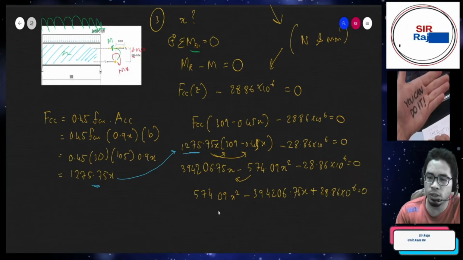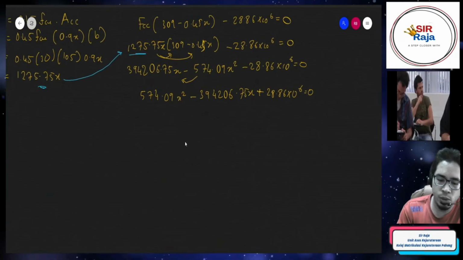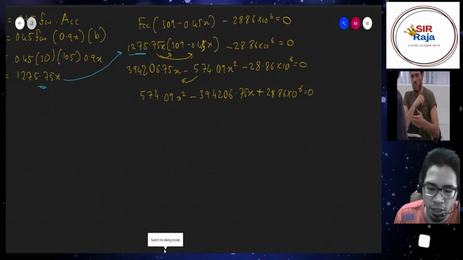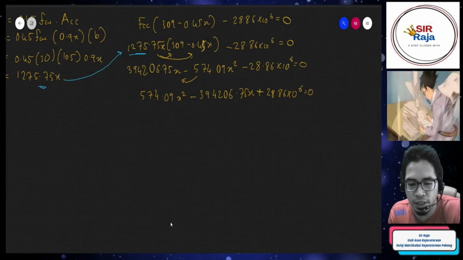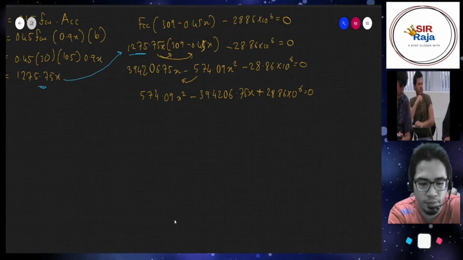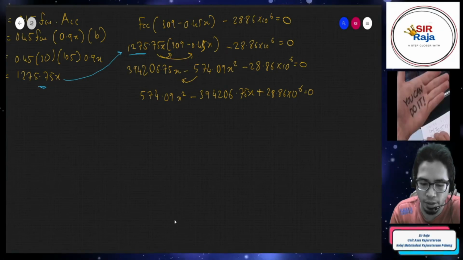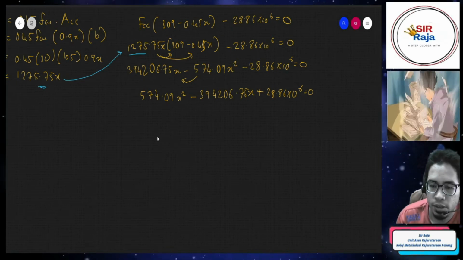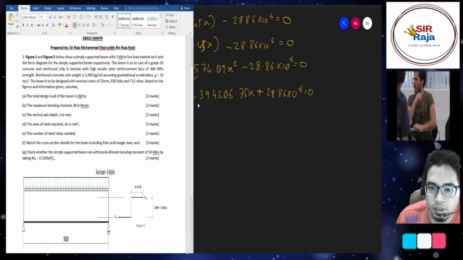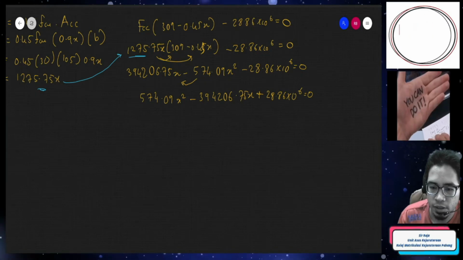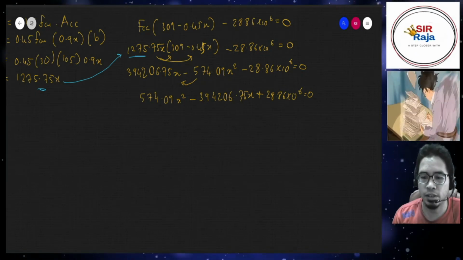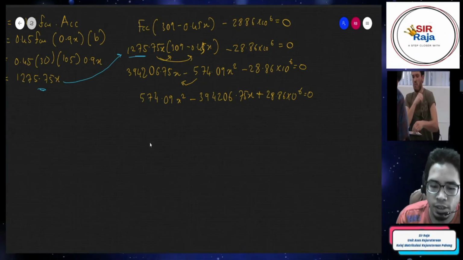Now we have our quadratic equation. So we just want to solve this by using this formula here. Right, so I'm going to use a different pen here. Alright, let's use green then.